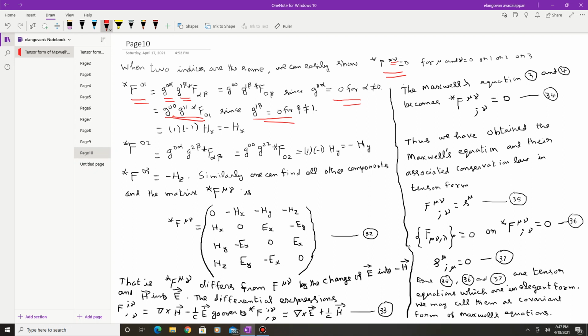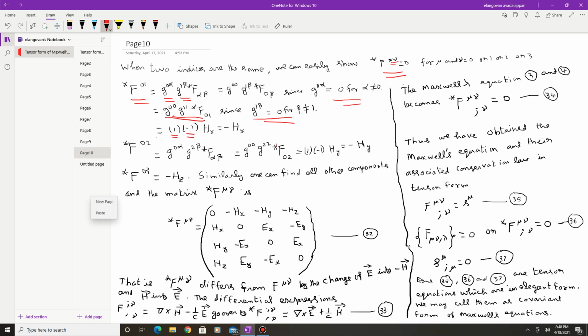Now G00 from your matrix is 1, G11 is minus 1, that is all.